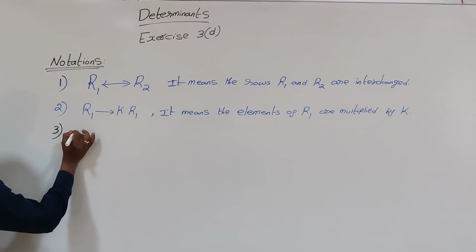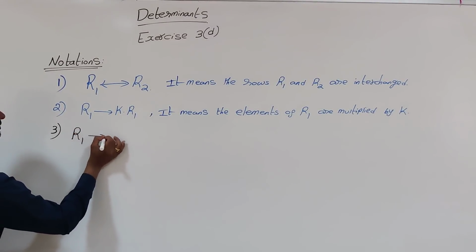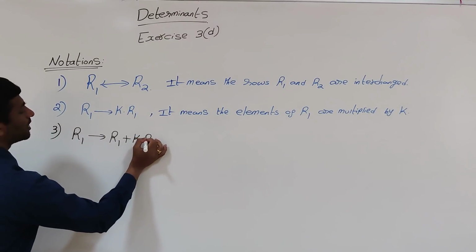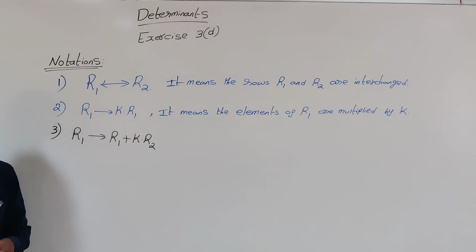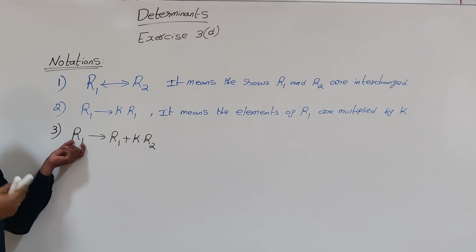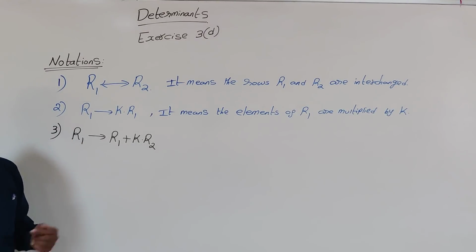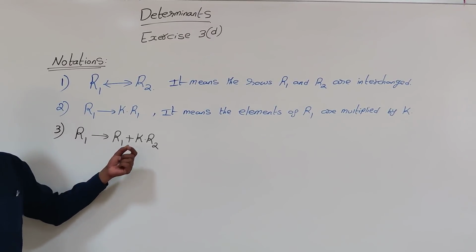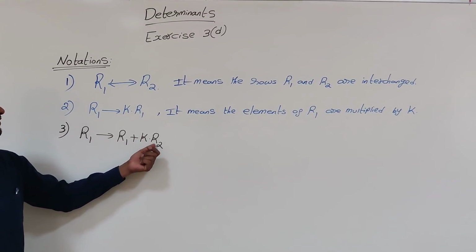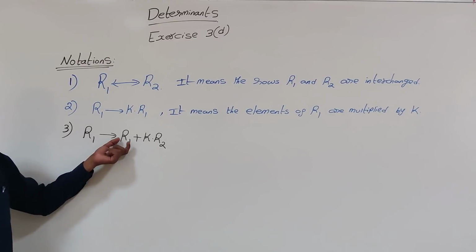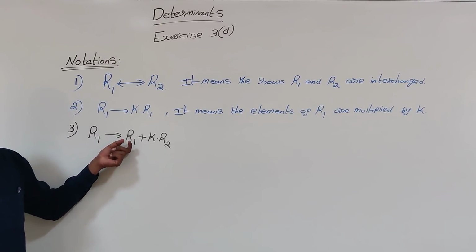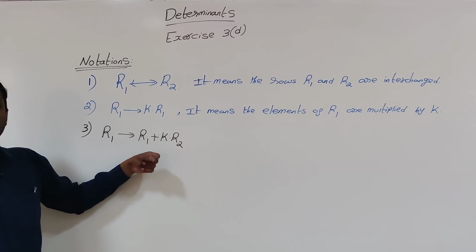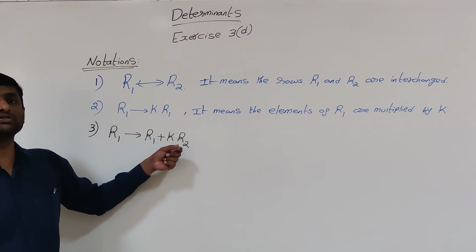Third, R1 implies R1 plus K times R2, which means the elements of row 1 will be changed by adding K times the corresponding elements of row 2.